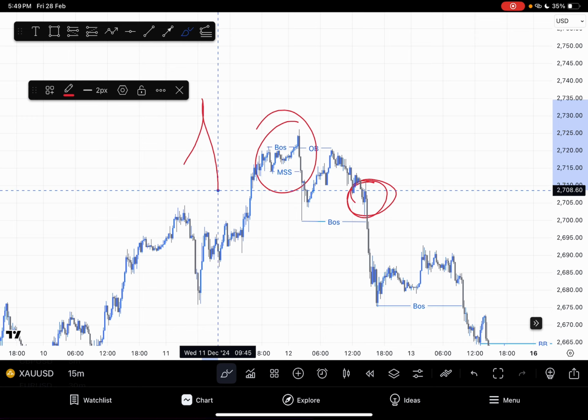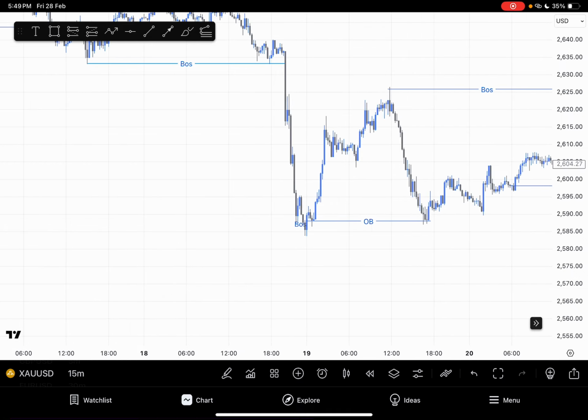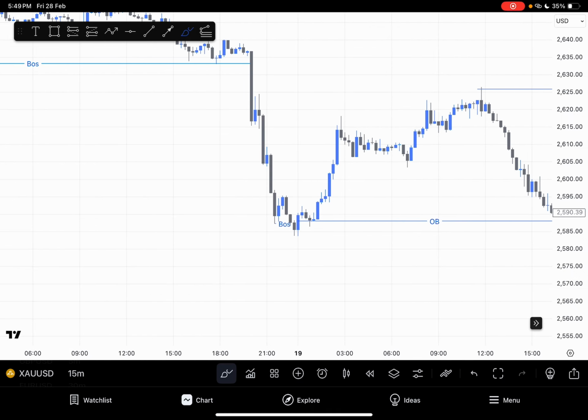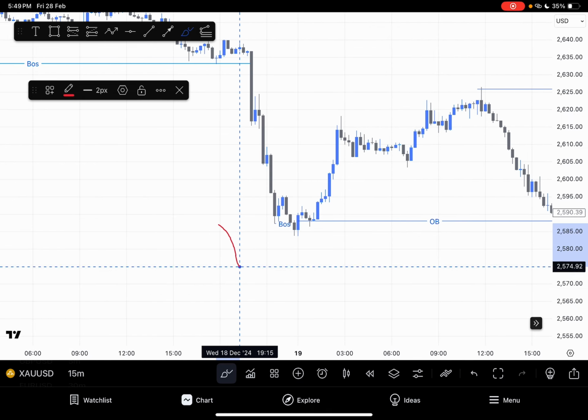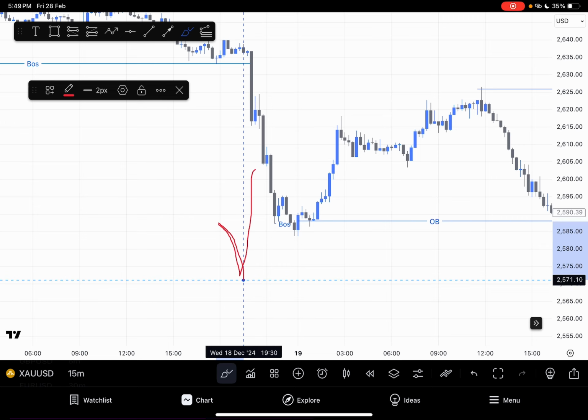Then you see the movement down again, creating a market structure shift. So now if you should look at this other one here, you can see price move in a curved way to the downside, then distributed back to the upside. So this curve, from where price created this curve, that's a break of structure also.